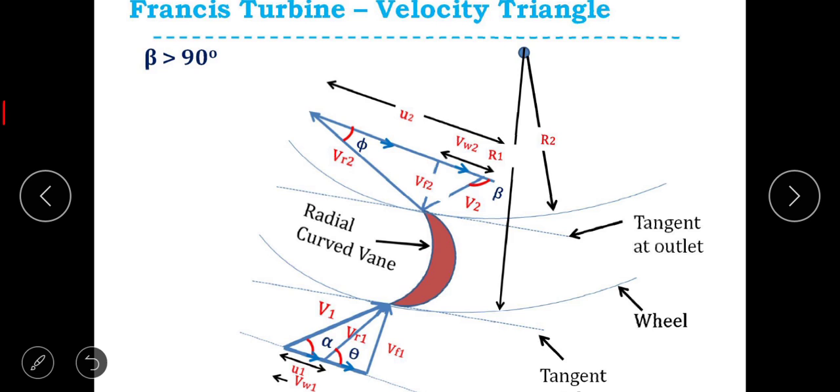Theta and phi are the vane angles, alpha and beta are the jet angles. Alpha is at inlet, beta is at outlet. Similarly, vane angle theta is at inlet and phi is the vane angle at outlet.